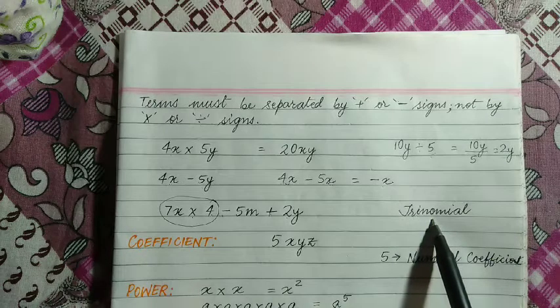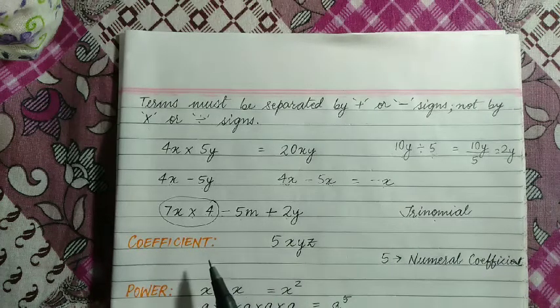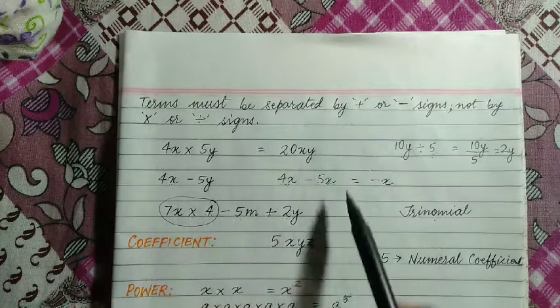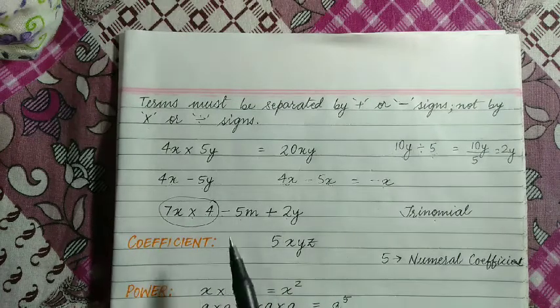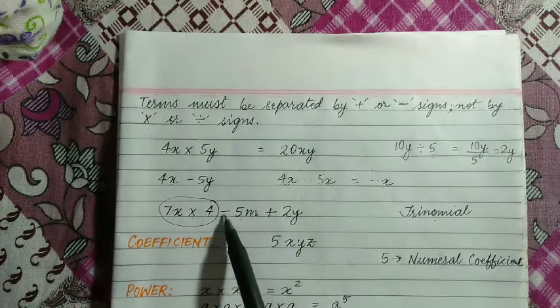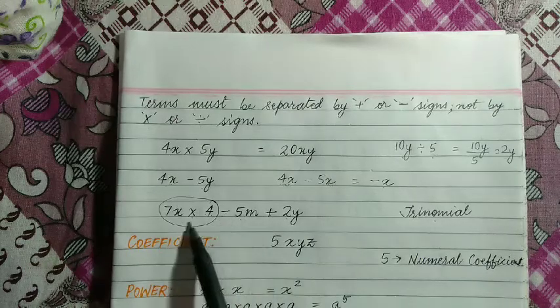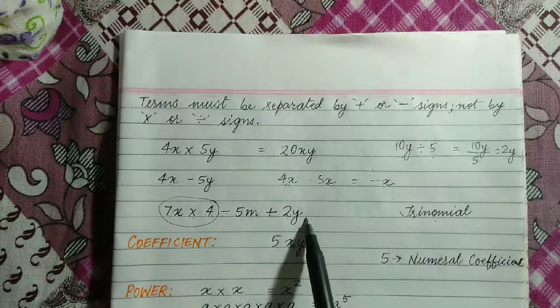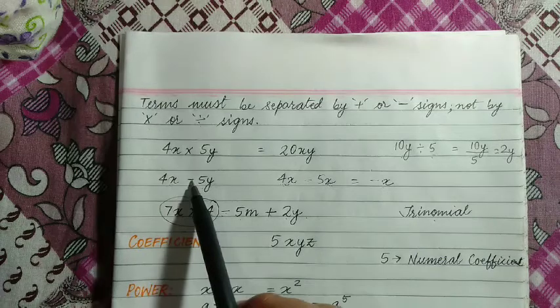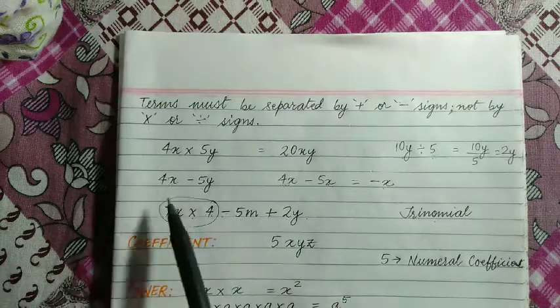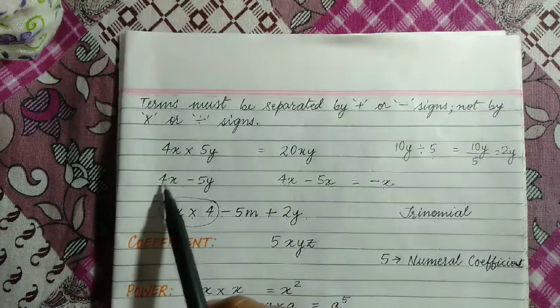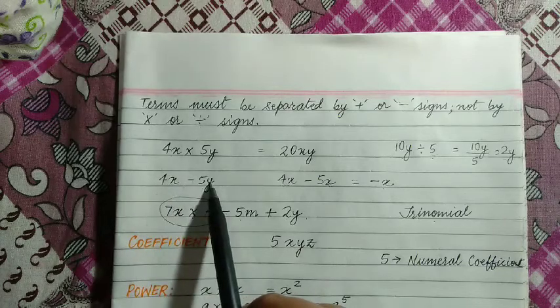So whenever we are looking for how many terms a given expression has, we only look at how many plus and minus signs there are altogether in that expression. If there is one plus or minus sign, then there are two terms.